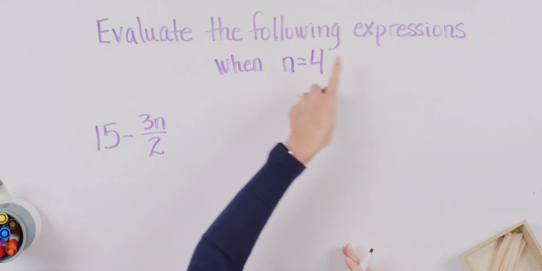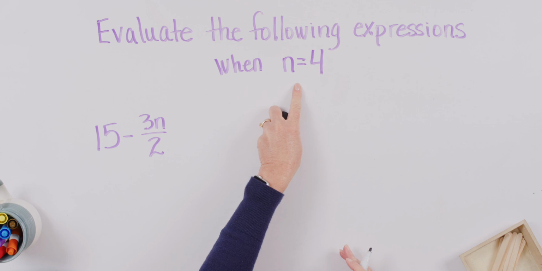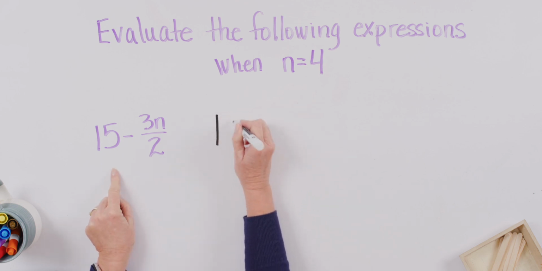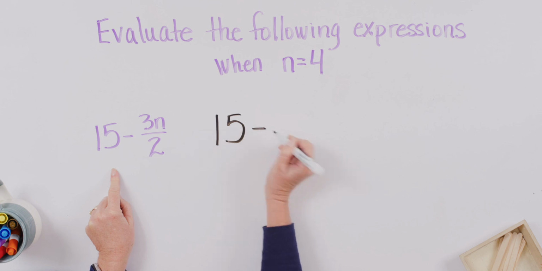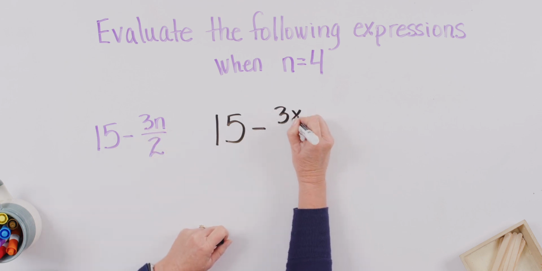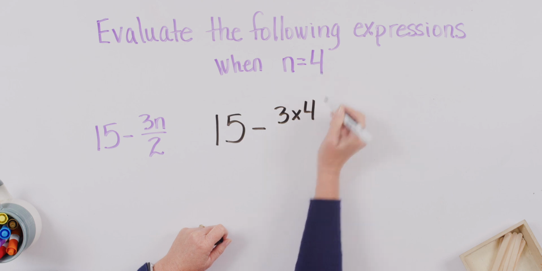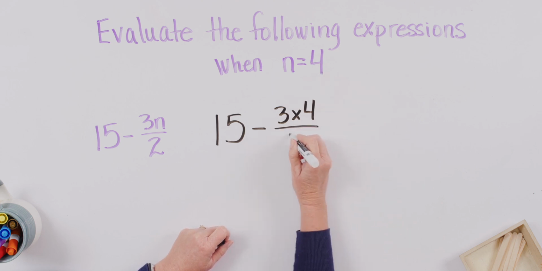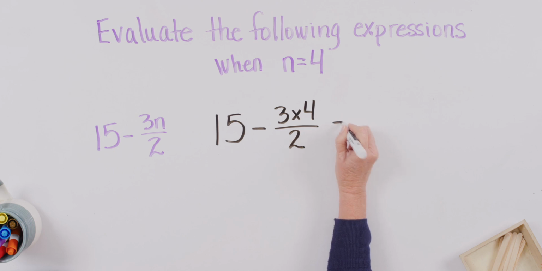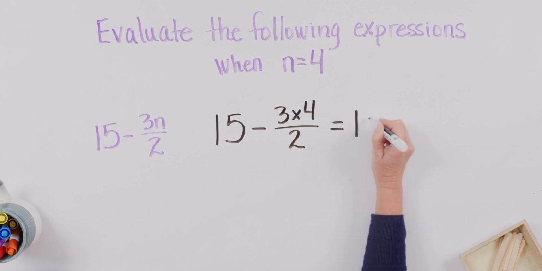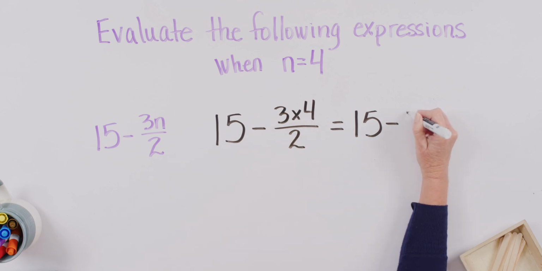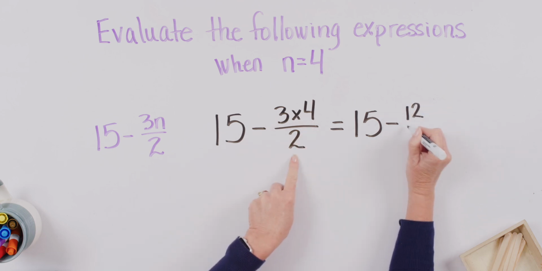Let's evaluate the following expression now when n equals 4. Okay, so we're going to plug it in. We're going to recopy down our expression here. And then we have 3n, so we have 3 times our n, which is 4, over 2. Okay, which also equals my 15 minus 3 times 4 is 12 over 2.